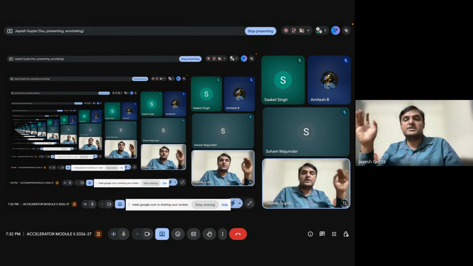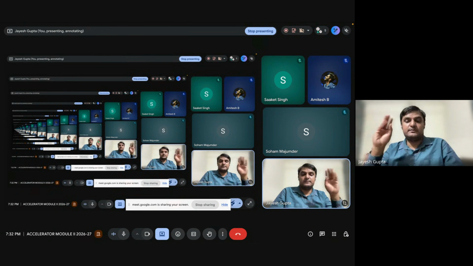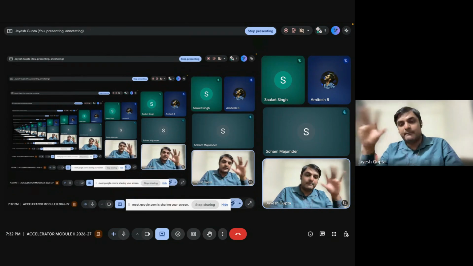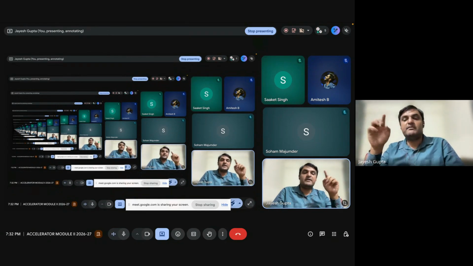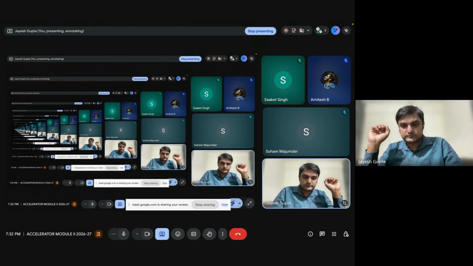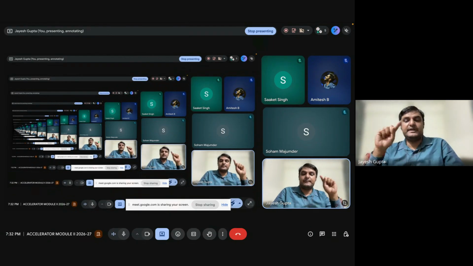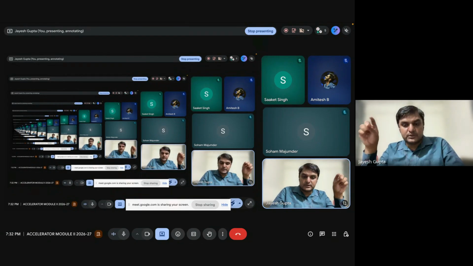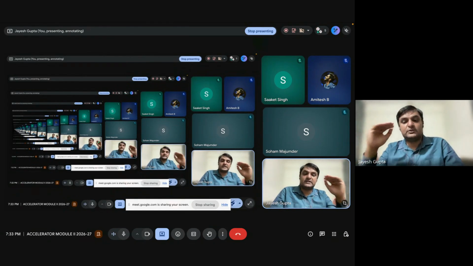So if I combine these four laws, Boyle's law, Charles' law, Gay-Lussac's law and Avogadro's law, I get one equation, PV is equal to nRT. Here you can see Boyle's law, P is inversely proportional to volume. Avogadro's law, volume is directly proportional to n. Pressure is also proportional to temperature, volume is also proportional to temperature.